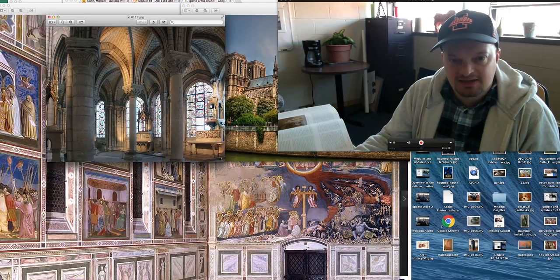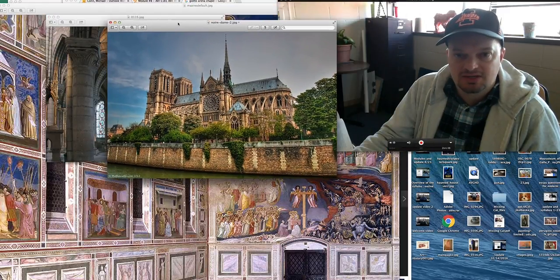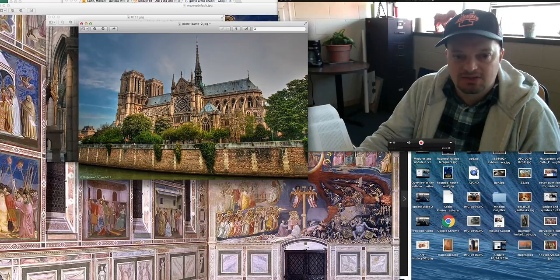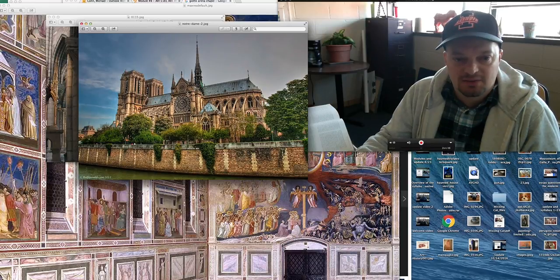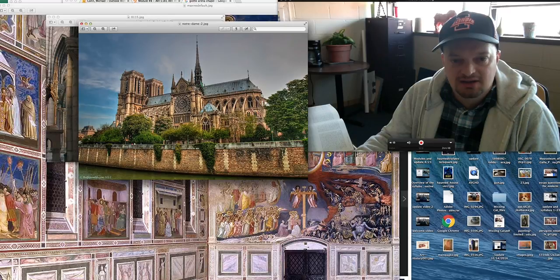And then if we take a look at Notre Dame right here, which is in Paris, here we have the big rose window, a huge giant stained glass window. But look at these braces on the outside. These are flying buttresses, and that's the other attribute that you will see on Gothic style architecture: braces that come outside of the building, and the purpose is to support the massive walls.